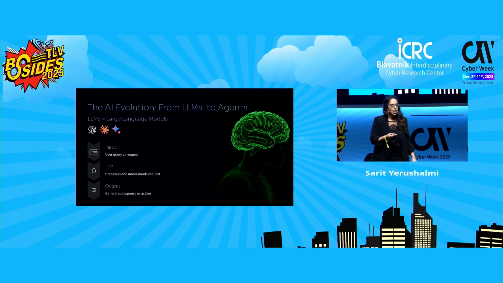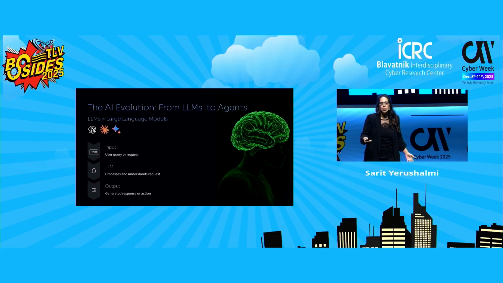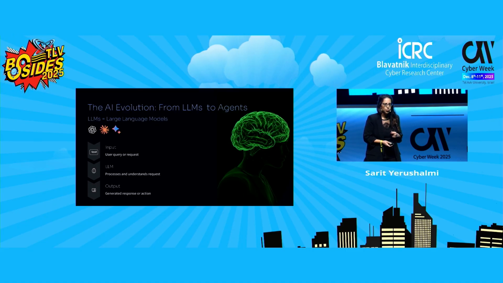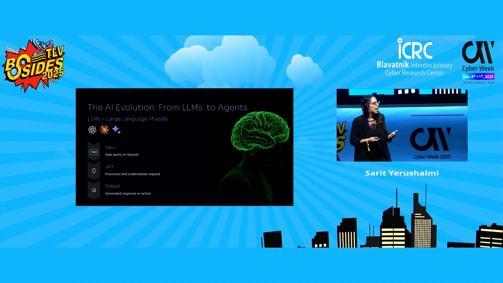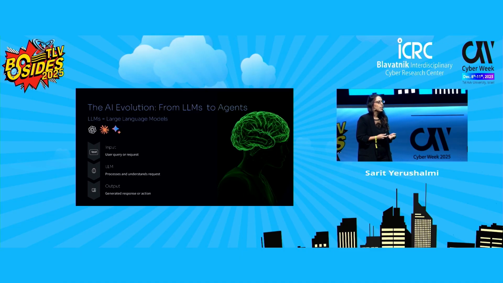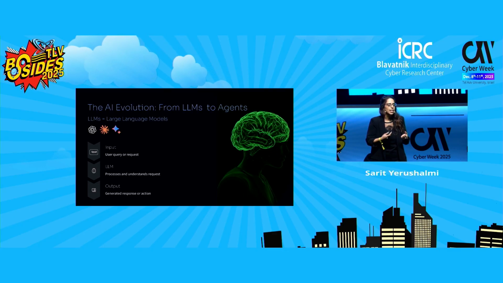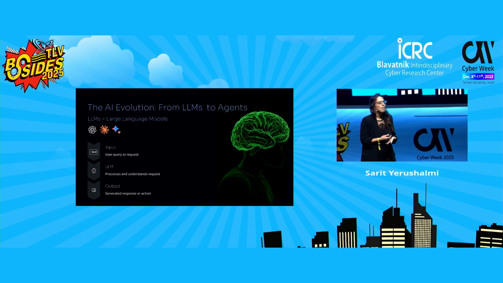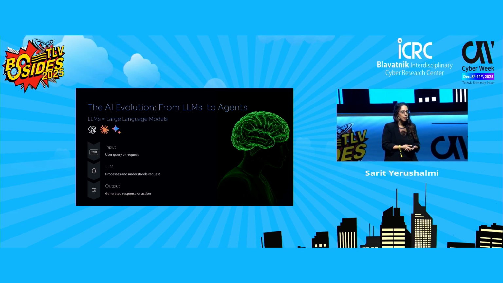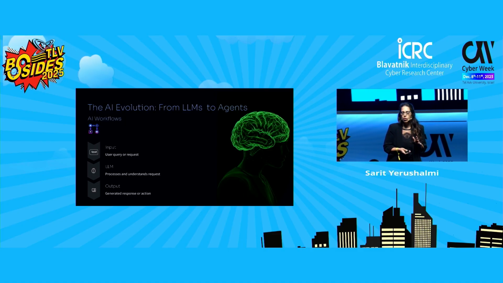You give them the input, they process it, and they generate an output based on something that they were trained on. They're great in writing, editing text, and helping with it, but they only know what they've been trained on. They're also passive. They wait for us to interact before they answer. And they don't have access to your private or internal data, so keep that in mind. Next, AI workflow.